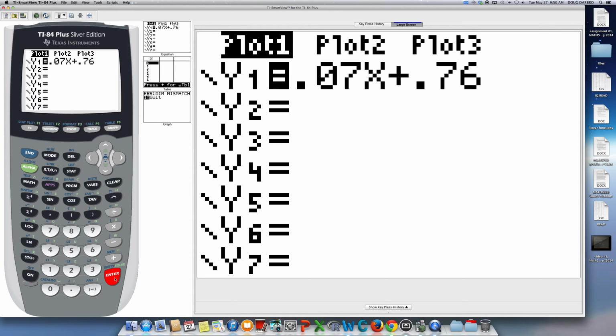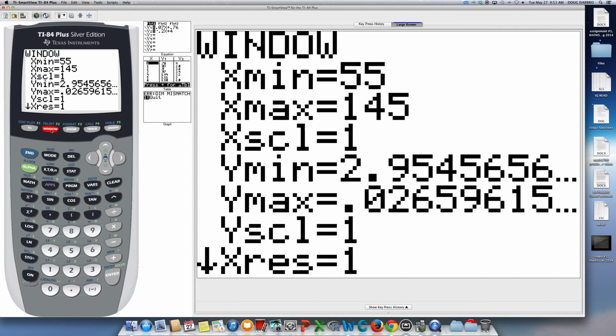And the next thing I want is negative 0.2x plus 4. Now what I've got to do next is set the window so it's going to make sense for this problem. If you think about our x's in this problem, they have to do with the cherries in thousands.